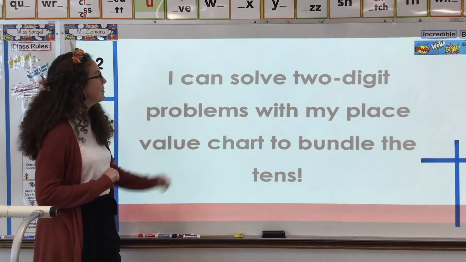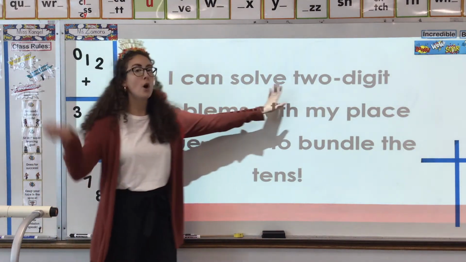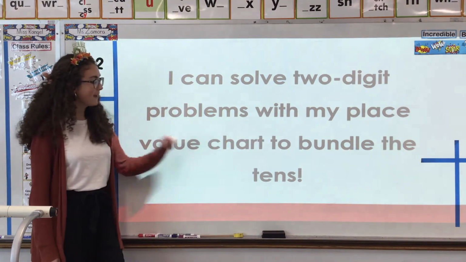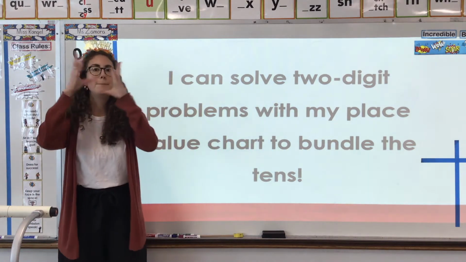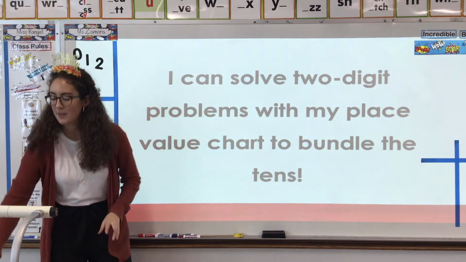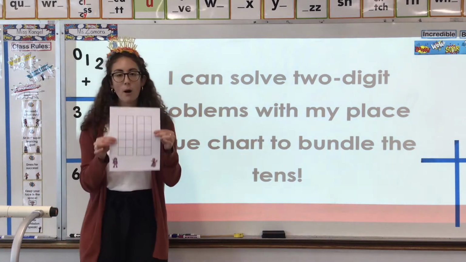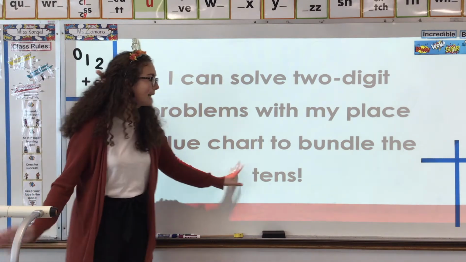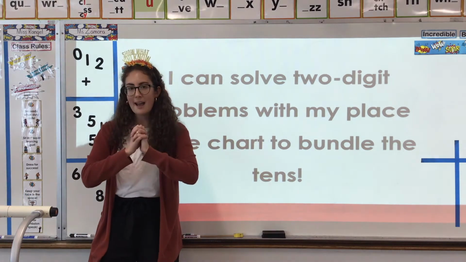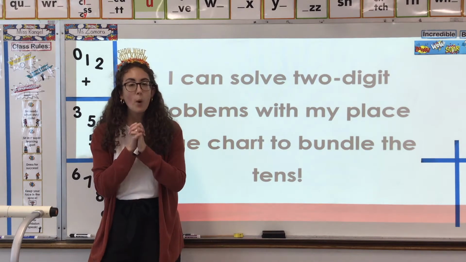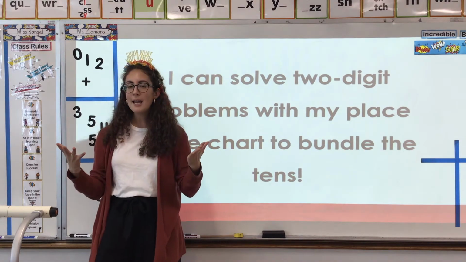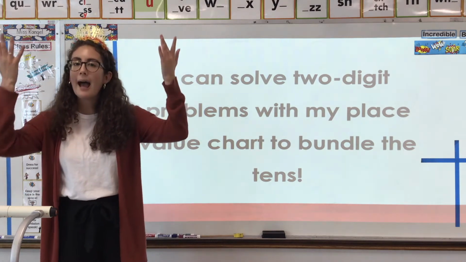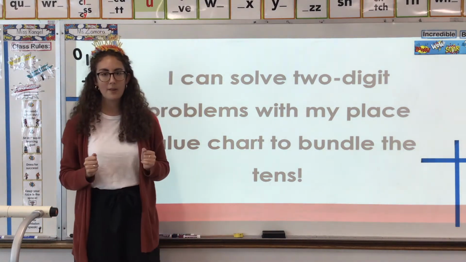It says, I can solve 2-digit problems with my place value chart to bundle the tens. So this chart is what we're using, and it shows our place value because we're going to practice bundling the tens. That super important skill that I have said is necessary for us to add these bigger problems together.